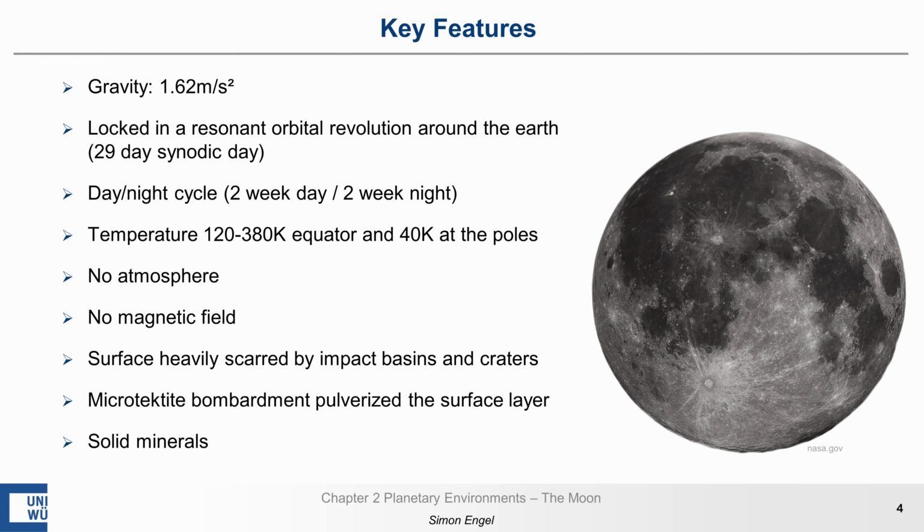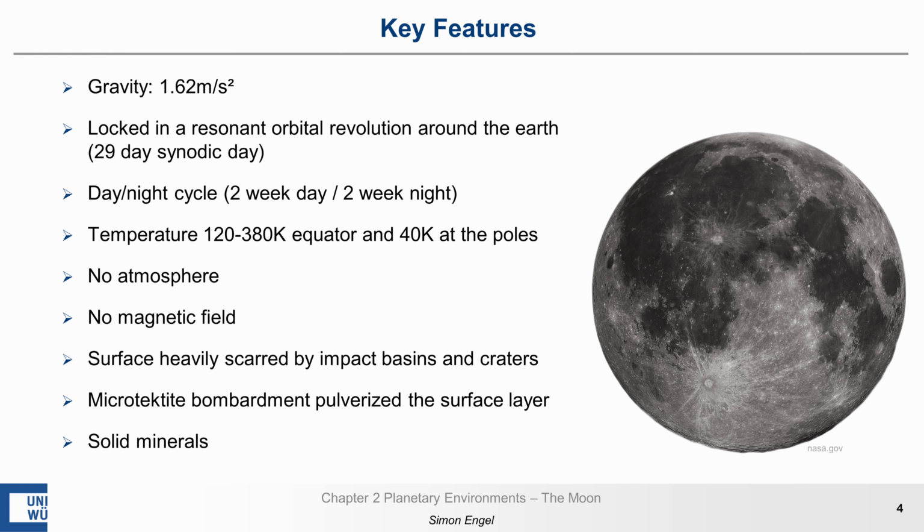That means that we can only see the same side of the Moon from Earth. And also, this results in a 29 Earth day long synodic day for the Moon, which means we have a 2-week day and 2-week night cycle, and therefore extreme temperature differences between the day and the night.